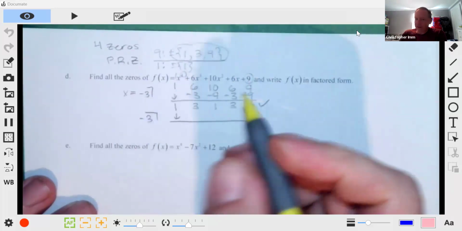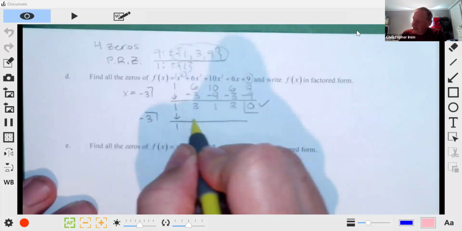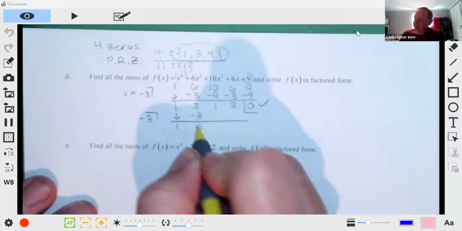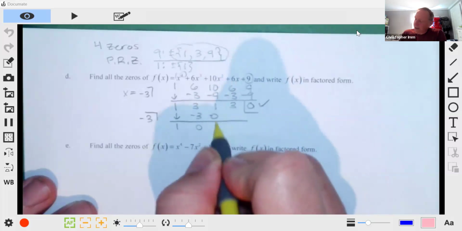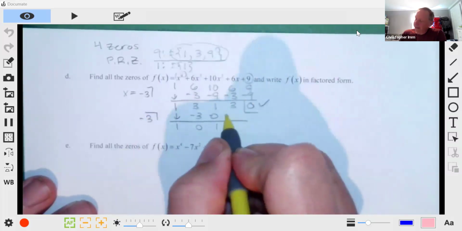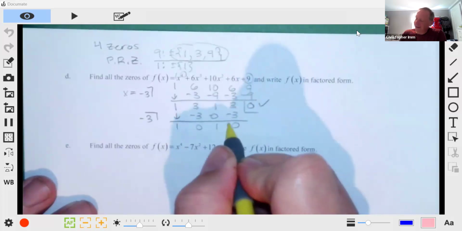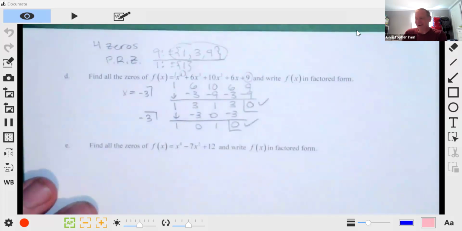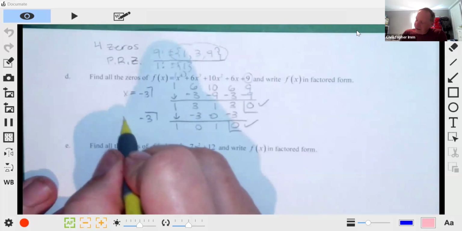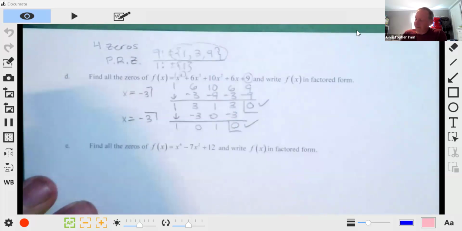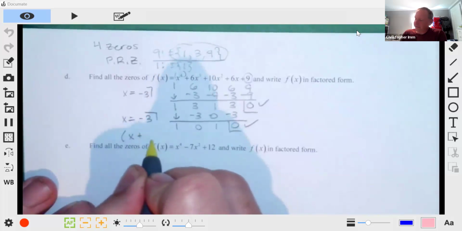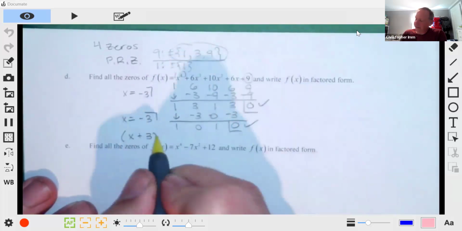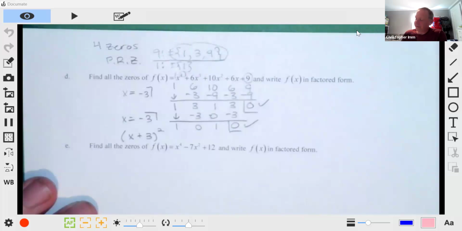We use this new polynomial, so bring down, multiply, add, multiply, add, multiply, add. Just like we thought, it worked. So we have x equals -3 is another zero. What that gives us for factors, the factor for x equals -3 is x plus 3, and there's two of them, so it's x plus 3 squared.